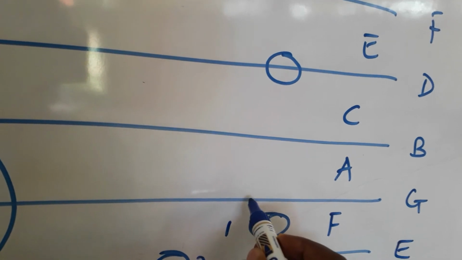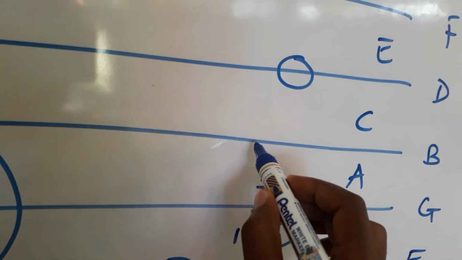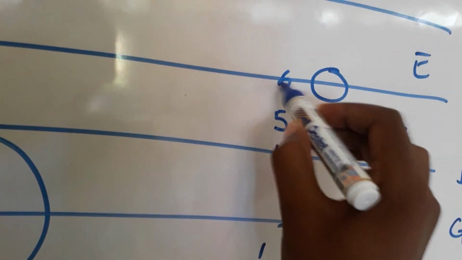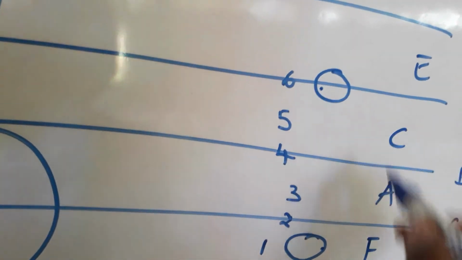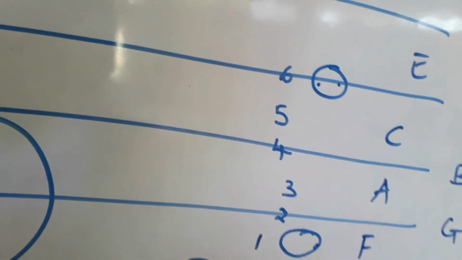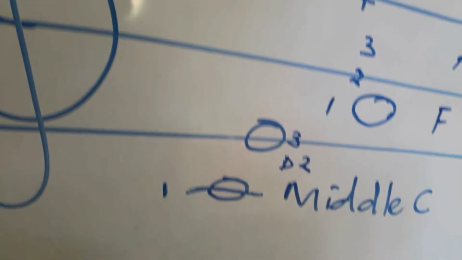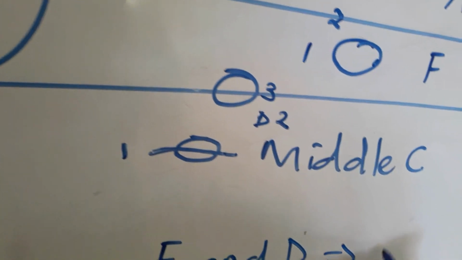This line will be number 2. The space number 3. The line number 4. Space 5. And then here 6. So the interval between F and D on the staff is a 6th. F and D, the interval is a 6th.